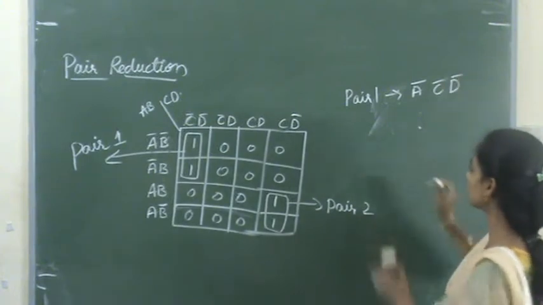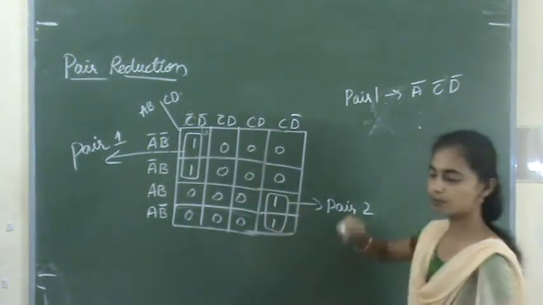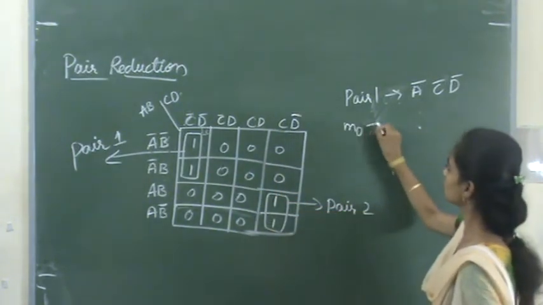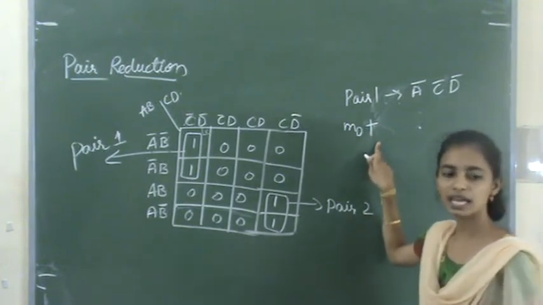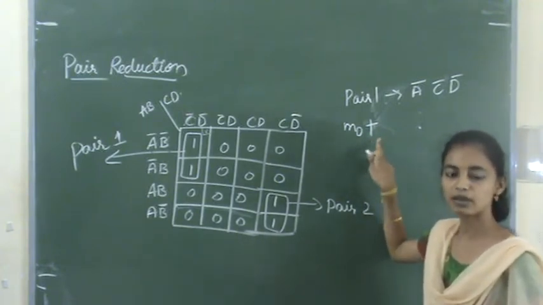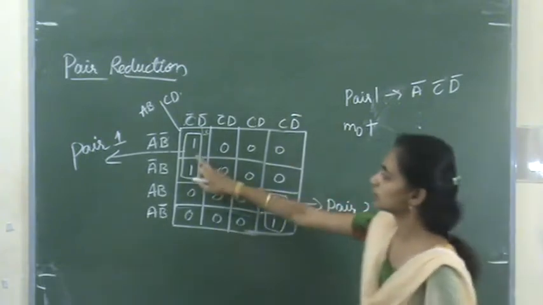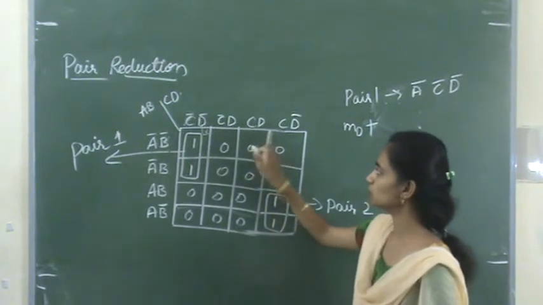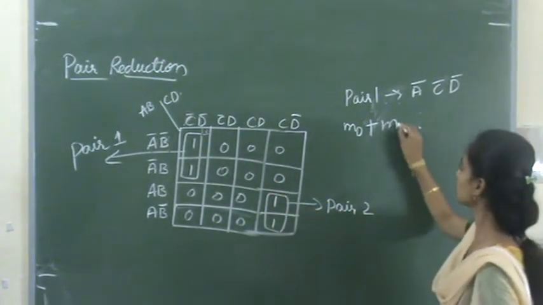Listen, how this will become: we know that this is 0, M0, plus. Why am I writing plus here? Because we are doing the SOP form, so I have to mention plus, meaning sum. Next, this is 0, 1, 2, 3, 4. This is M4.